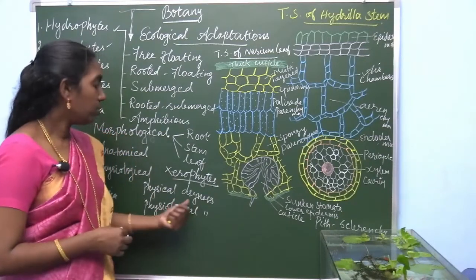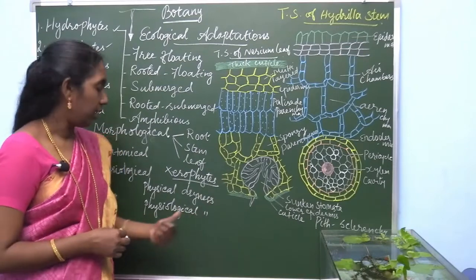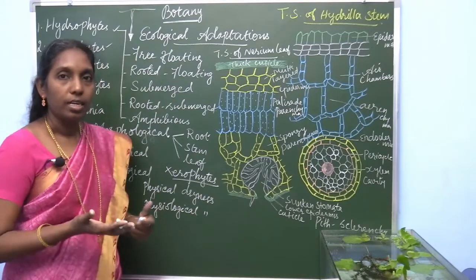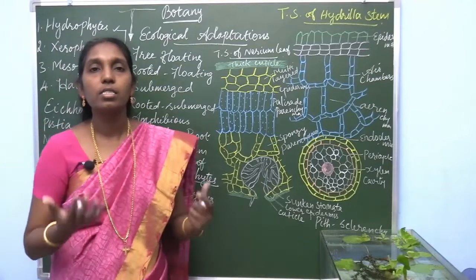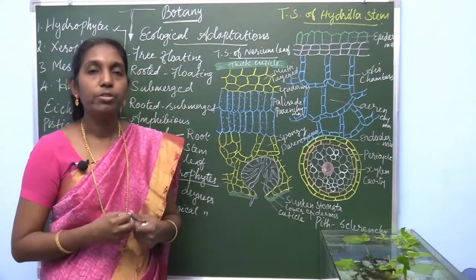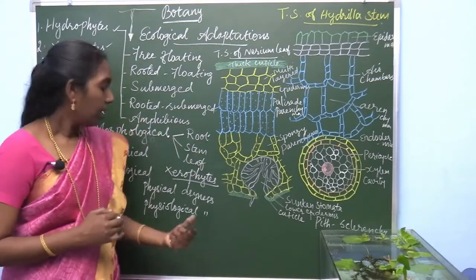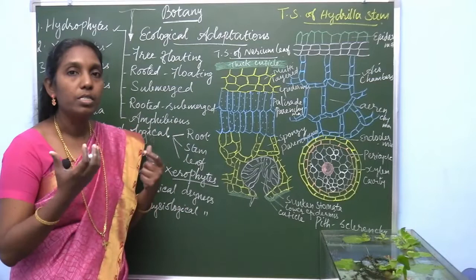Due to this, the plants or species are in dry condition. In physiological dryness, the soil contains sufficient water but the plant cannot absorb it due to the salty nature or the acidic nature of the soil. The plant cannot absorb water.